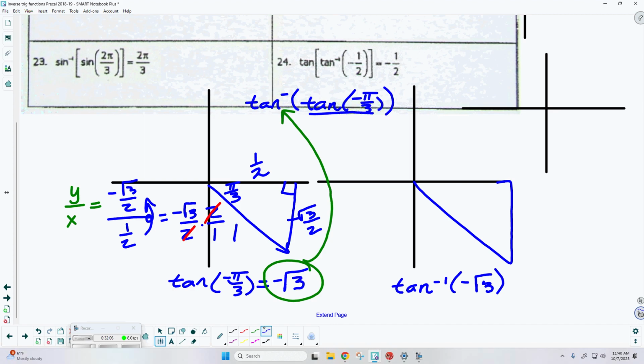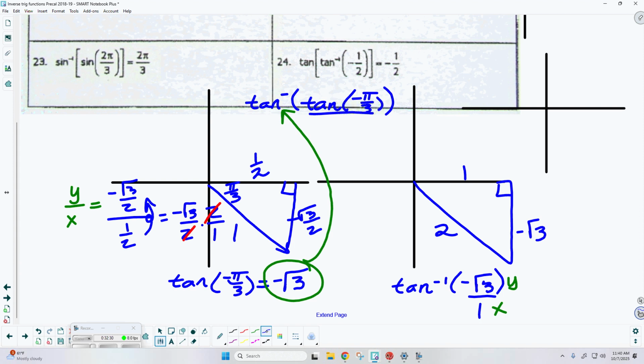Now remember, I'm using the ratio that we have here. So this is now my y. This is the x. So this is a negative root 3. This would be 1. What's the hypotenuse? 2. So we could have simply duplicated the triangle. But remember, similarity is still happening.